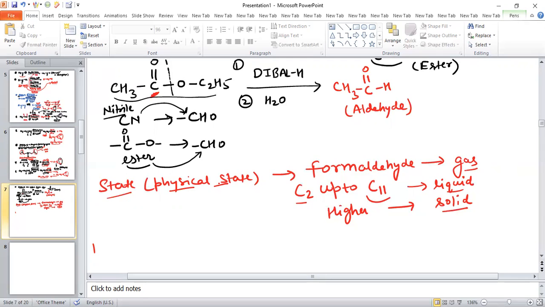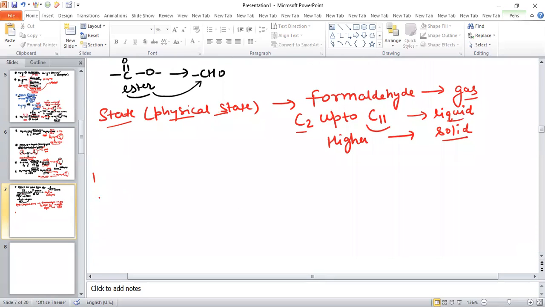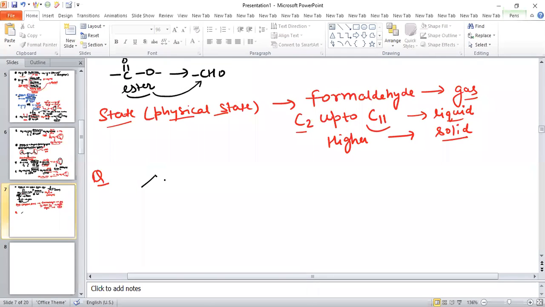So this is all about these reactions. Now I want to discuss some more questions related to this. If a question is given like this, you have a carboxylic acid group on this.